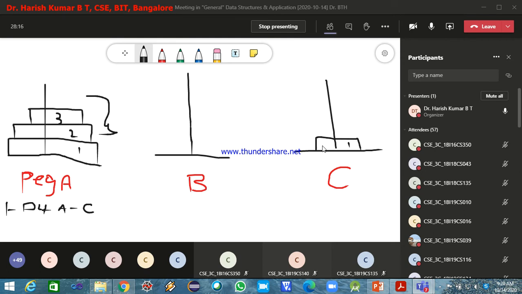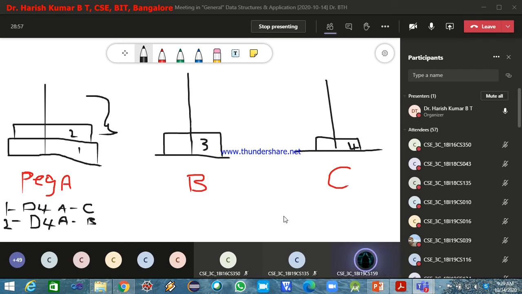This 3, from A to B. So in the second move, I'm moving D3 from A to B. Okay, I'll erase this.